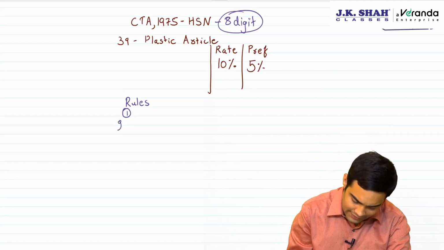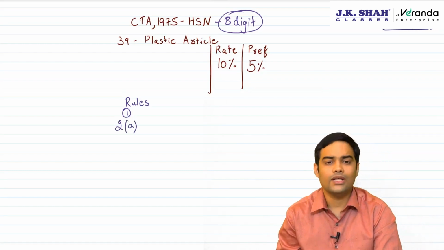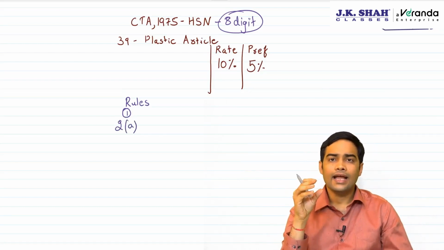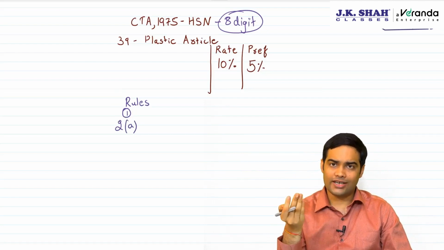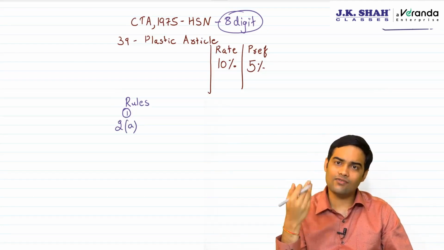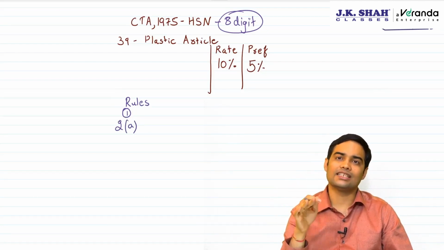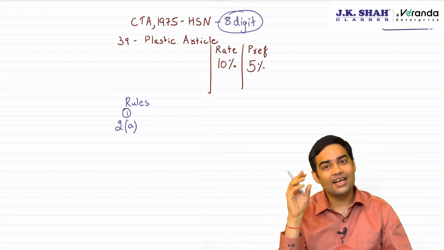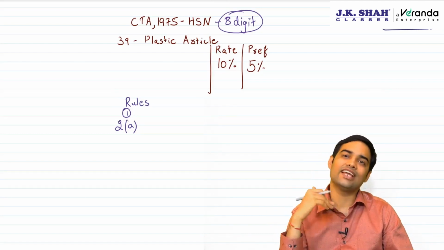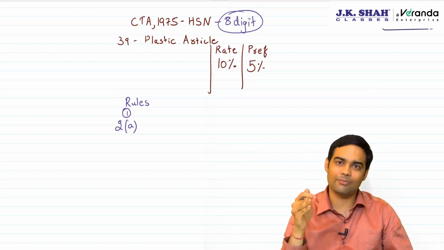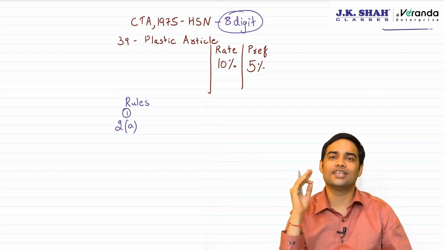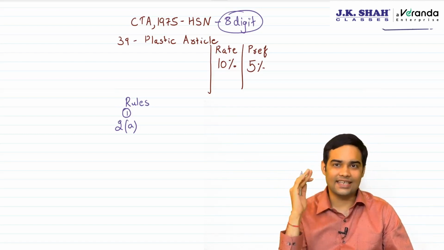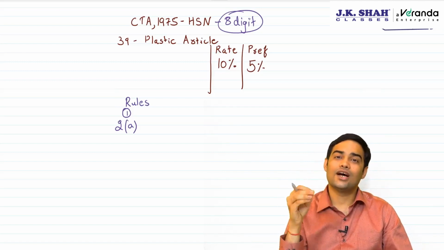Rule 2A, very important rule. It says, if there is an incomplete product having the essential characteristic of a complete product, then it will be classified as if it is a complete product. Again, if there is an incomplete product having essential characteristic of a complete product, it will be classified as if it is a complete product. Like car without tires.